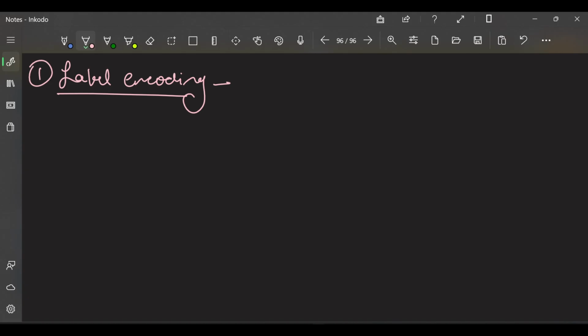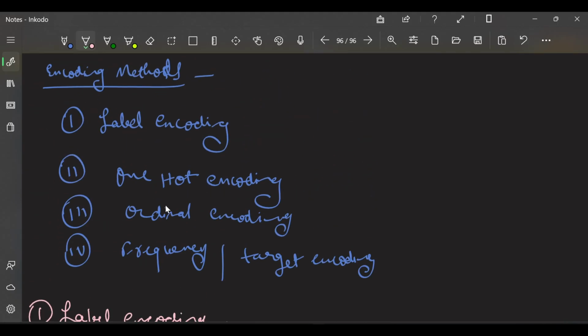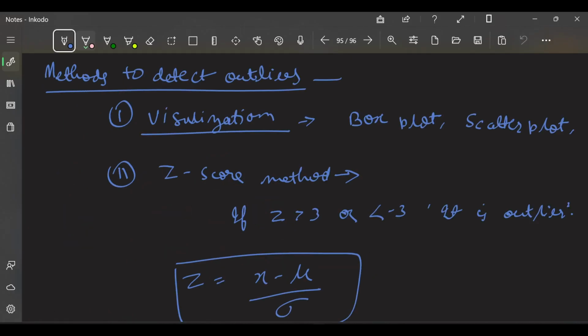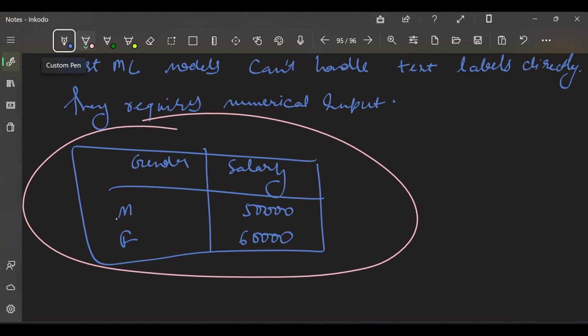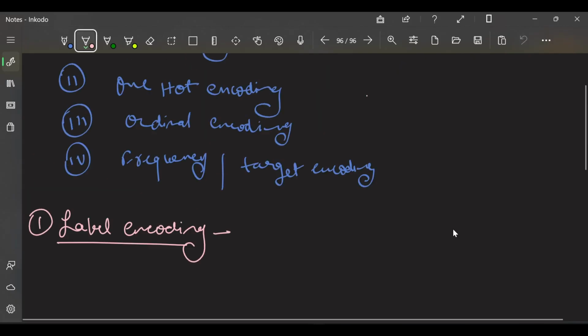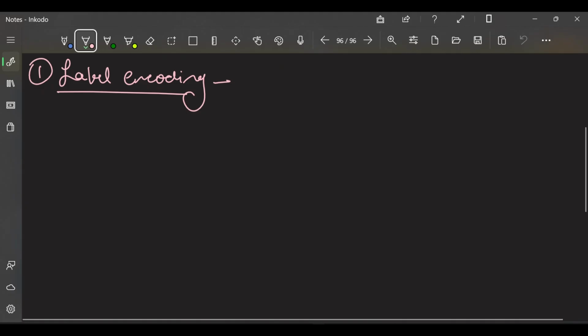So label encoding assigns numbers to the categories. For example, suppose male and female is written, so it will assign male 0 and female 1. Simple, but it can create false ordering.